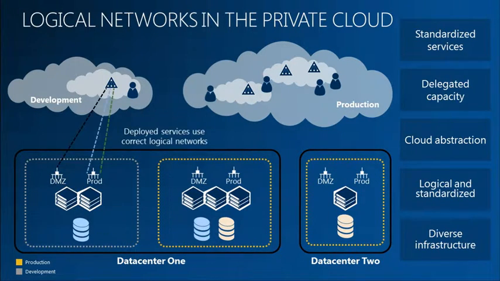So that service in dev gets attached one network adapter to DMZ, 2 of them to prod. Inside production, I have multiple services. They get deployed that same way. And this last service that's deployed to my other data center, all of it is set up and working flawlessly. So I don't have to worry about which Hyper-V server adapter, which VMware server adapter I connect to. It's just going to automatically connect to the right adapter for me.